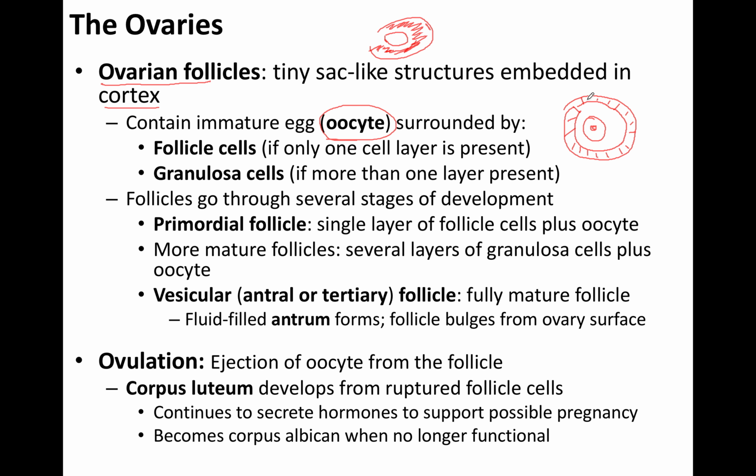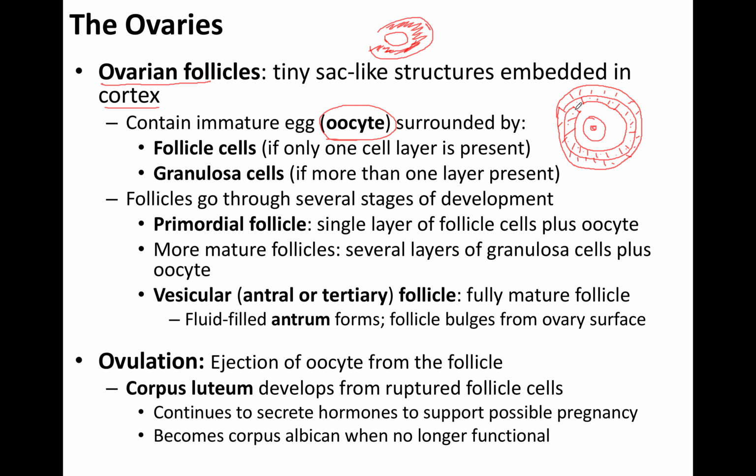The follicle around here is going to be really essential because those are going to develop and grow during the ovarian cycle. So essentially, you will have another layer that grows and develops during the ovarian cycle.